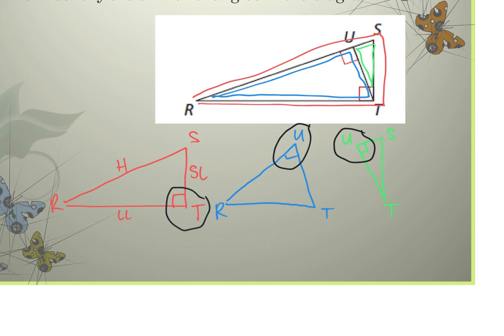Then in the blue one, UT is going to be our small leg. UR is going to be our long leg. And H is going to be RT. Our hypotenuse should always be opposite the 90. And then in the green one, your short leg is going to be US. Your long leg is going to be UT. And your hypotenuse is going to be ST.